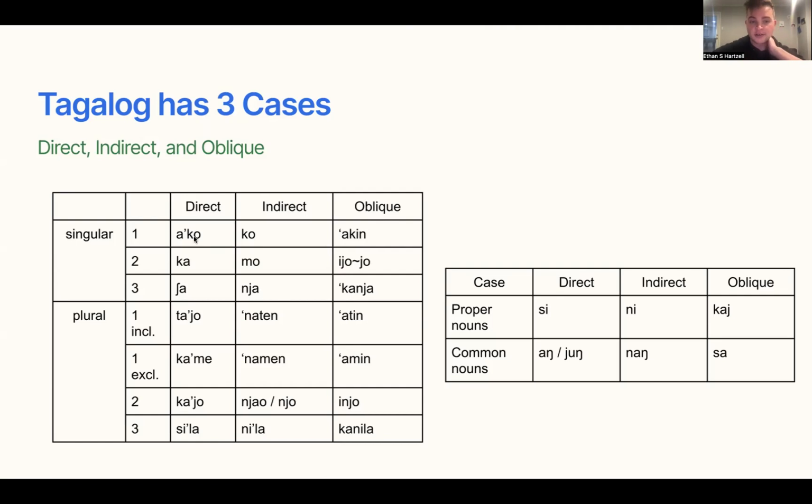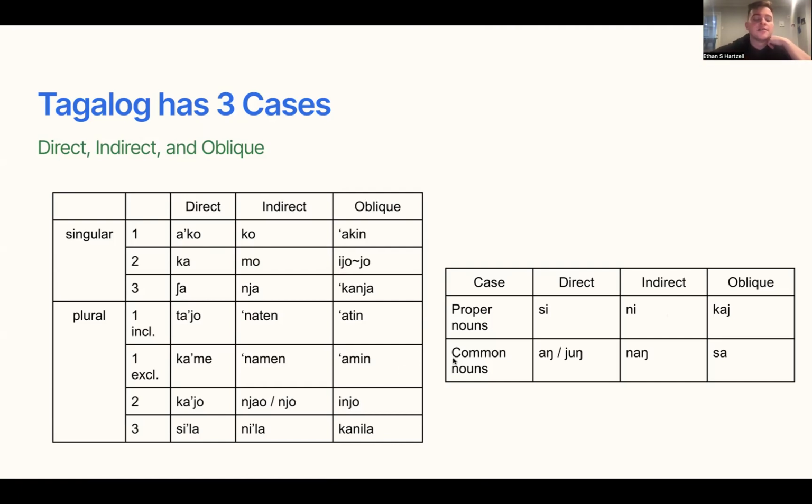So for example, ako is direct case, ko is indirect case, and akin is oblique case. One thing to notice also is that the third person plurals, sila and nila, kind of match the case particles that precede proper nouns, so si and ni.